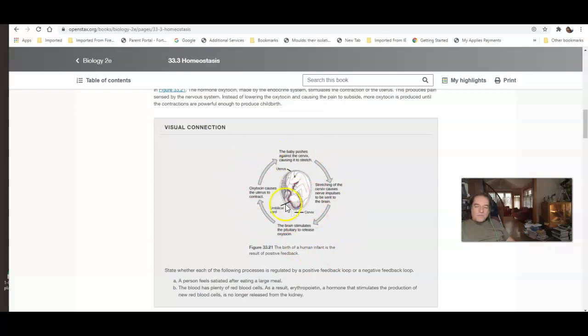And the process builds and builds and builds until we create enough pressure right here, along with relaxing of the cervical muscles, which are not under the effect of oxytocin. They don't contract, they actually relax instead, while all of the rest of the uterine muscle is contracting, and we finally provide enough force to propel the embryo out of the uterus through the birth canal.